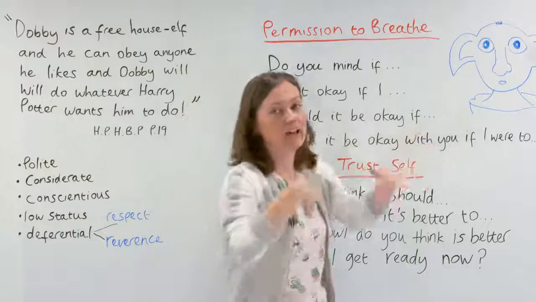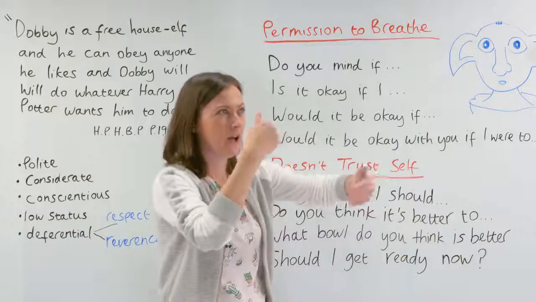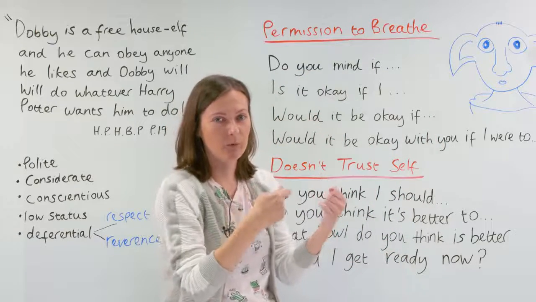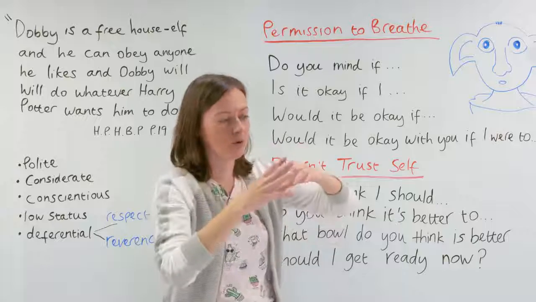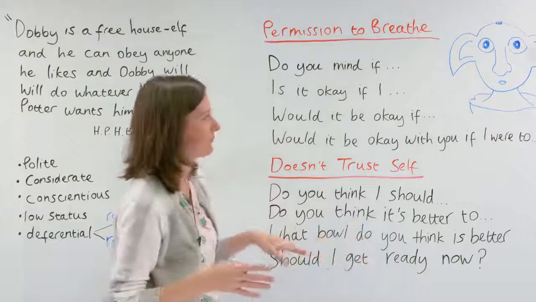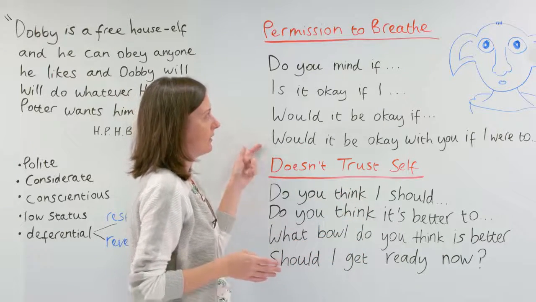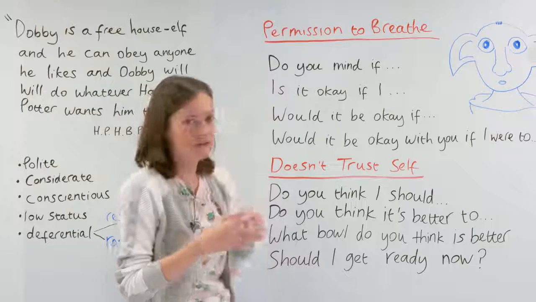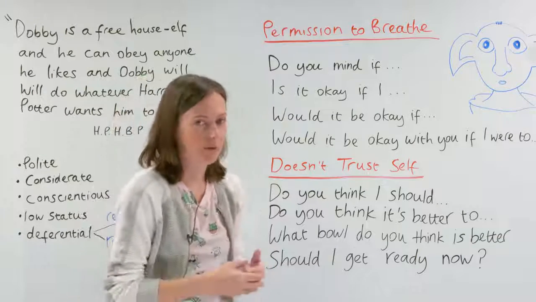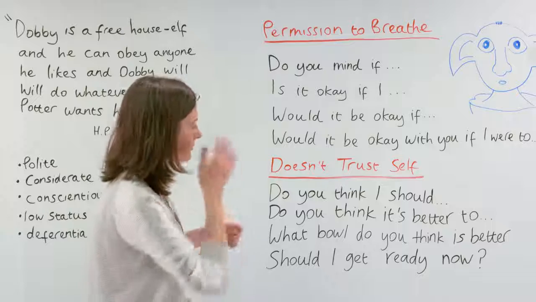And then to say, if I were to, we're repeating. We're so nervous about saying what we want to say that we add in more words and we take longer about it. So that's another sign that we are being so polite that we're making ourselves small in language.